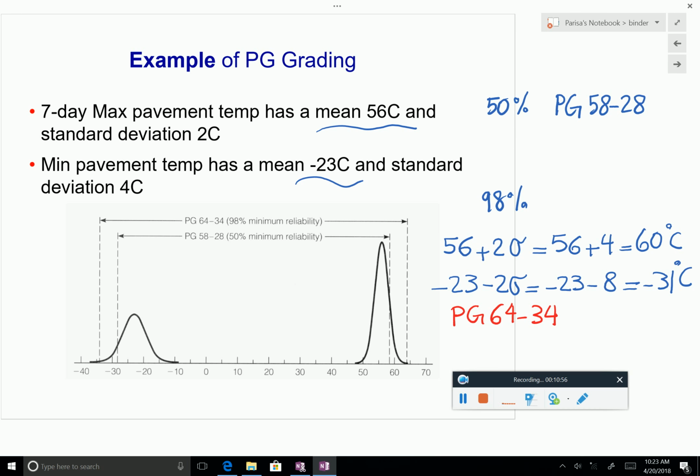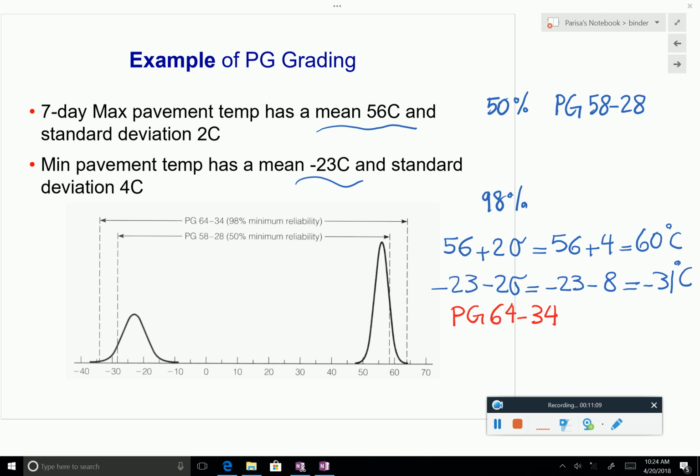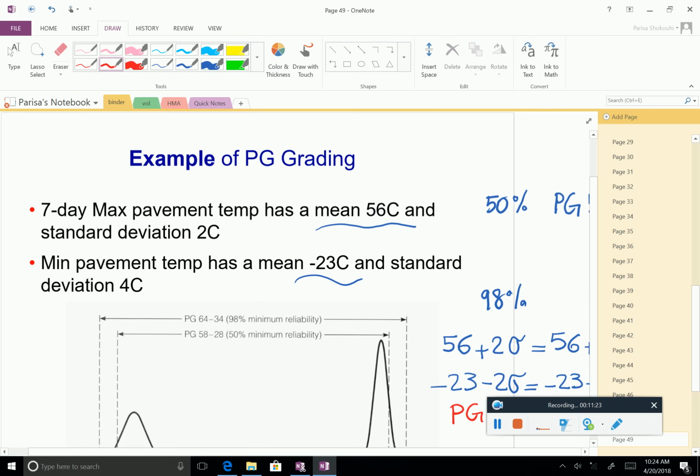It's very simple. All you need is to have that table and just be careful and not make mistakes. Okay? Any questions about this? Everyone is comfortable why we are adding, subtracting standard deviation? Okay. Fantastic.